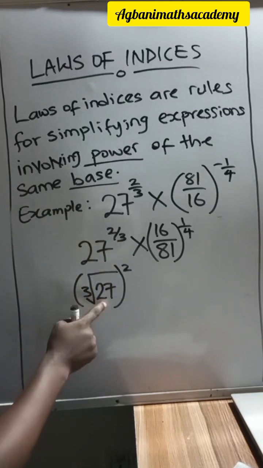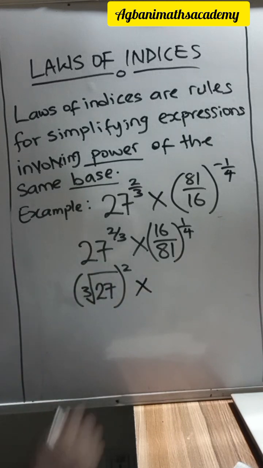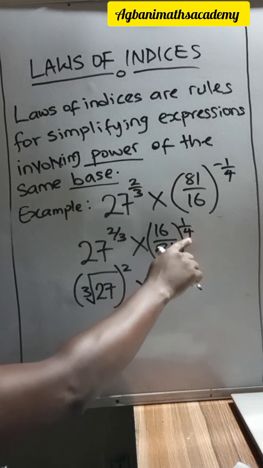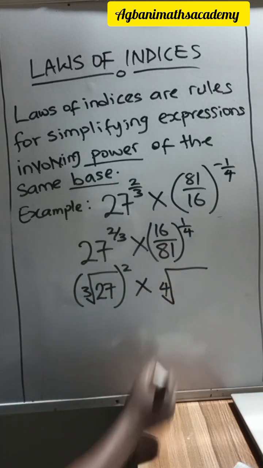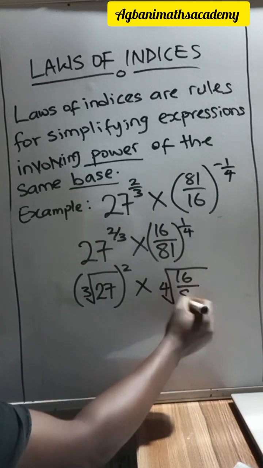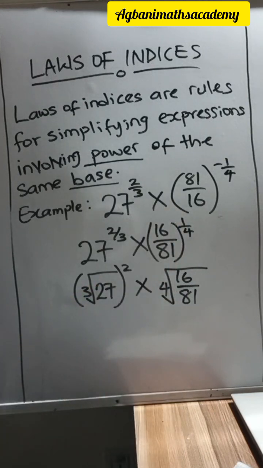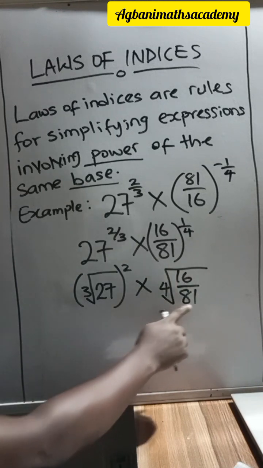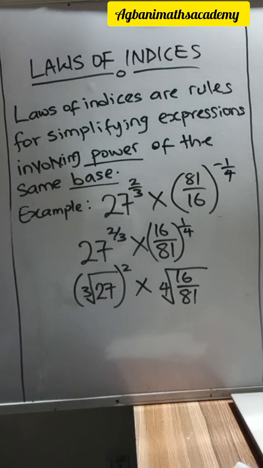So we have cube root of 27 to the power of 2 multiplied by the 4th root of 16 all over 81. The power here is 1, so there's no need to write it. We are going to look for a number that multiplies itself 4 times to give you 16, and also a number that multiplies itself 4 times to give us 81.